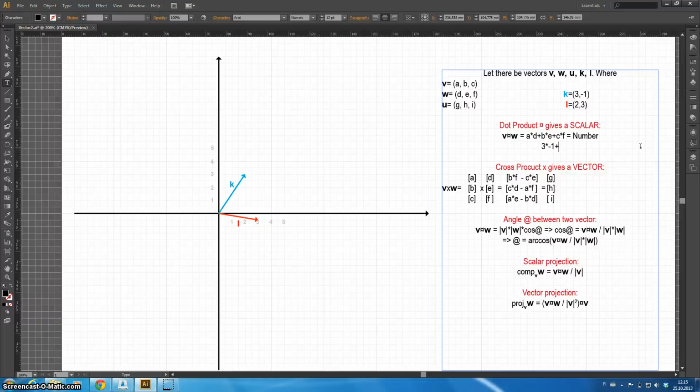The first ones are multiplied with each other, and then we add them to the product of the second ones. So there we have our dot product.